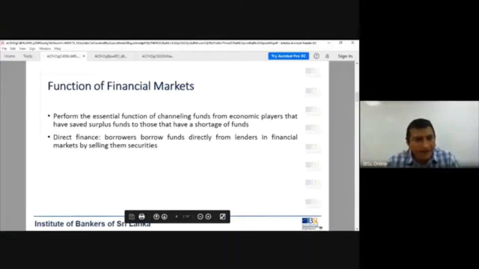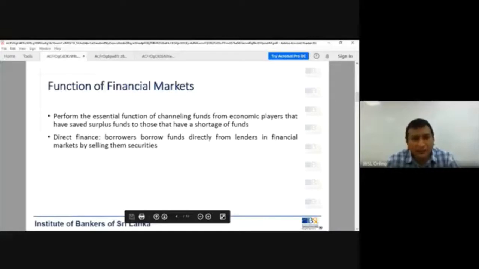The basic essential function of a financial market is to channel funds from economic players that have saved surplus funds to those that have a shortage of funds. So it's a function of channeling surpluses into deficit entities. That's a very conventional and essential function of a financial market.